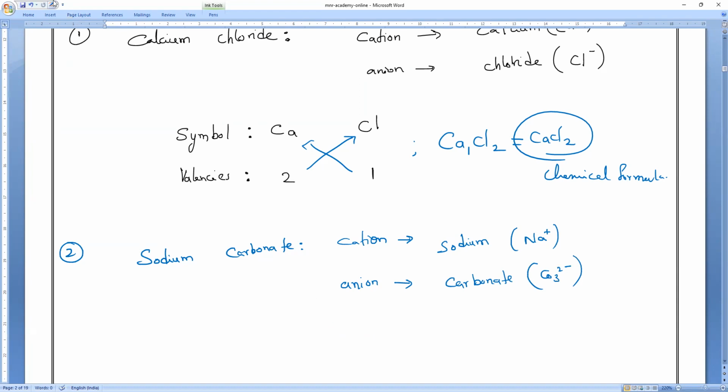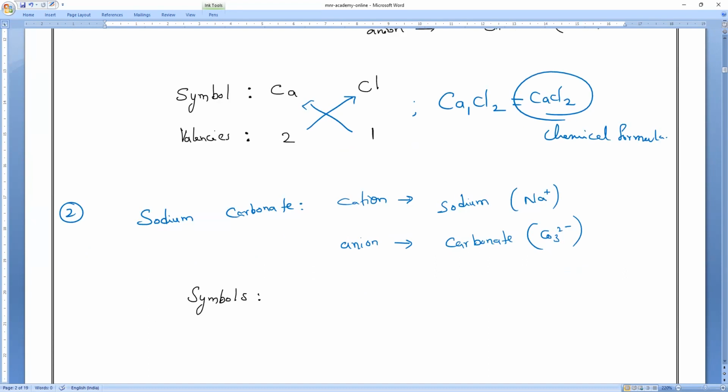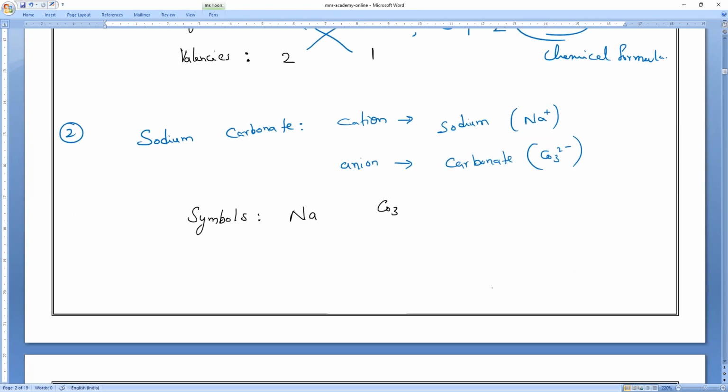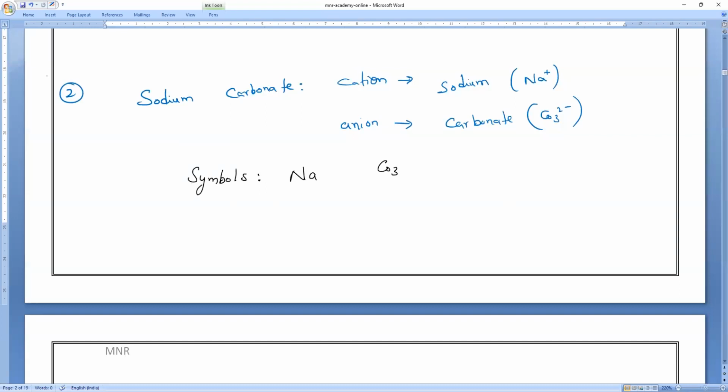Next, symbols. Symbols mean no valence is required. What is the sodium symbol? Na. What is the carbonate symbol? CO3.